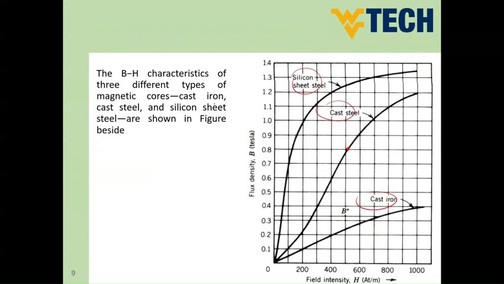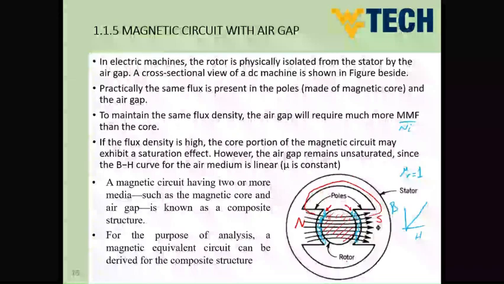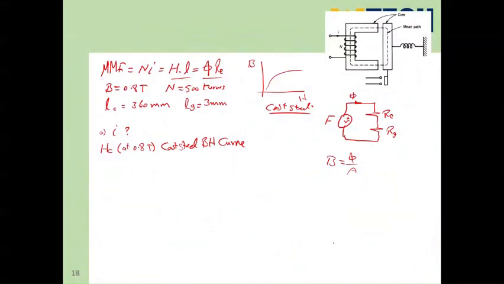This is the curve at B equals 0.8. It would be 500 something here, maybe 510. So we can say the value of H is around 500 ampere turns per meter. This is the value of H core.